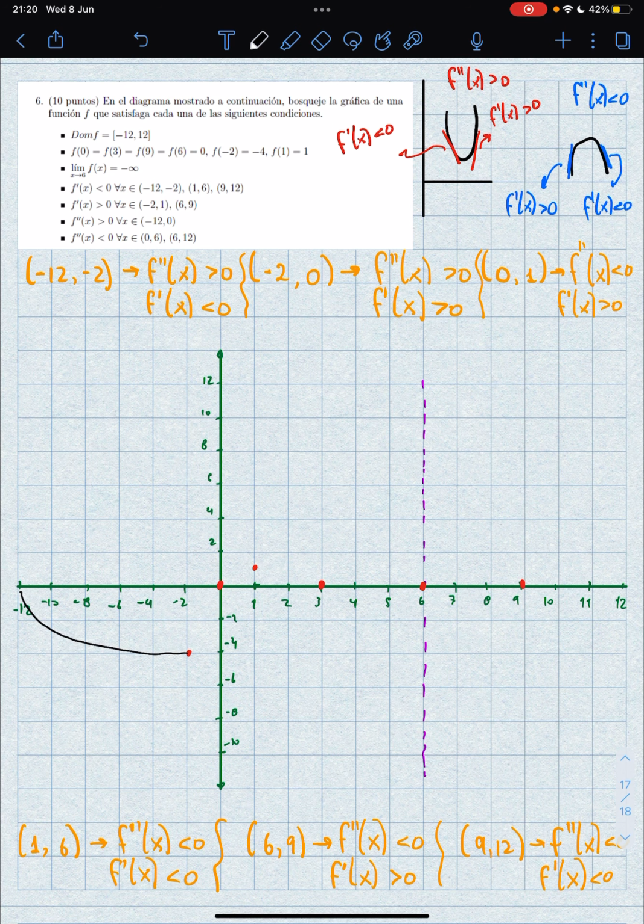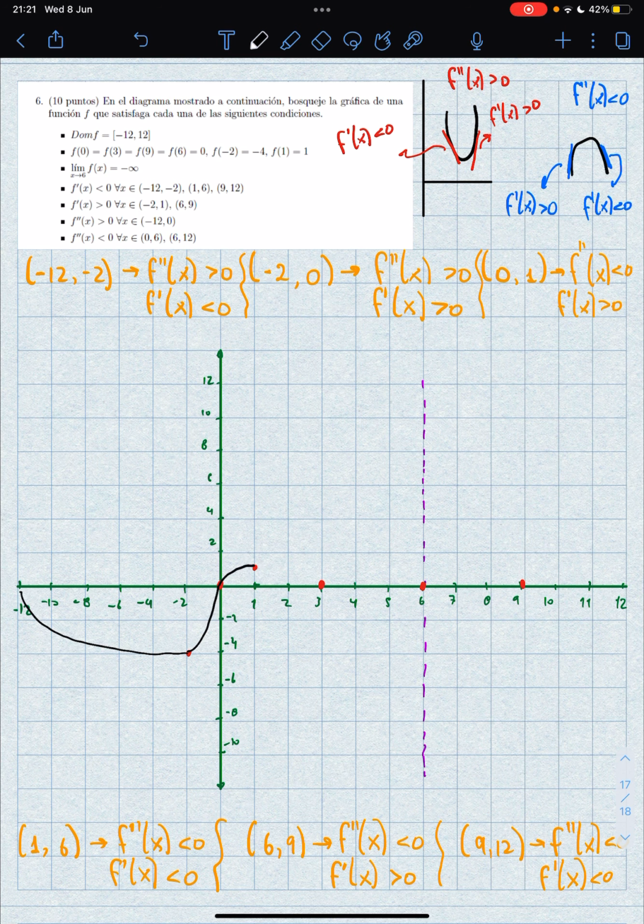So it should be probably something like this. Then it says that from 0 to 1, the second derivative is less than 0. So this is a maximum, and the slope is positive, so it could be something like this.